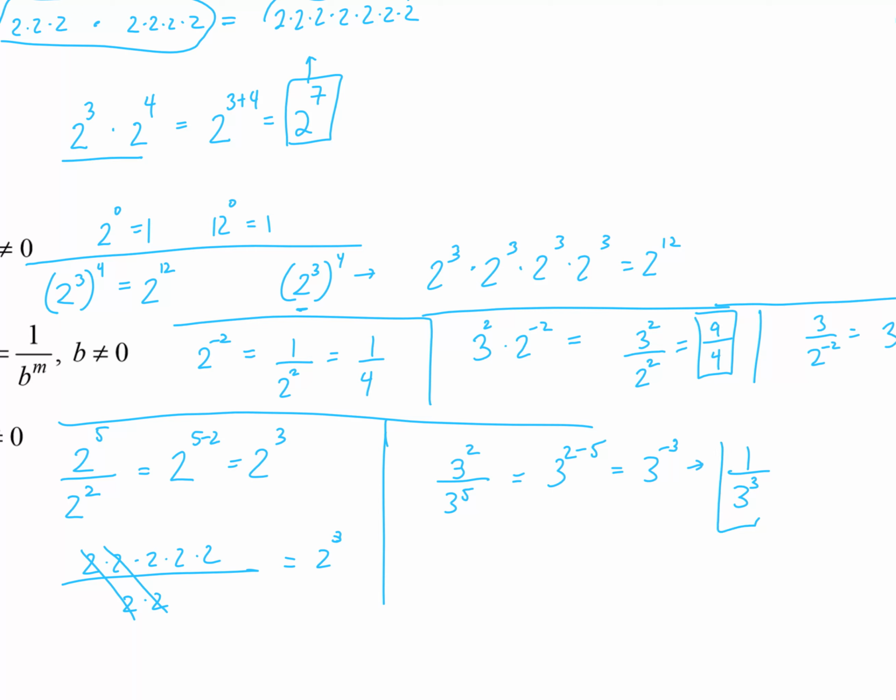But you can see this as obvious when you do it this way. 3 squared is 3 times 3. 3 to the 5th power, you have 5 3s. Every pair of factors cancel out. And there's nothing left on top. We're just going to call it a 1. We have 1 over 3 to the 3rd power. Which is what we found a second ago, okay?